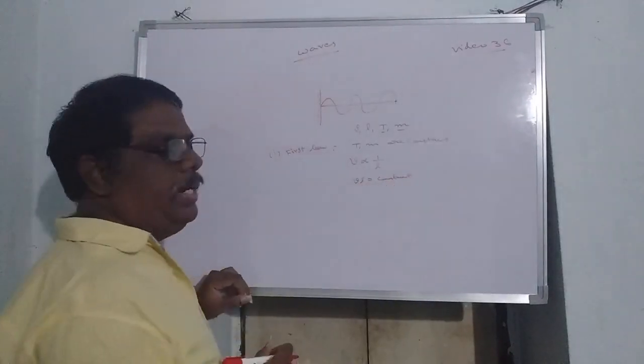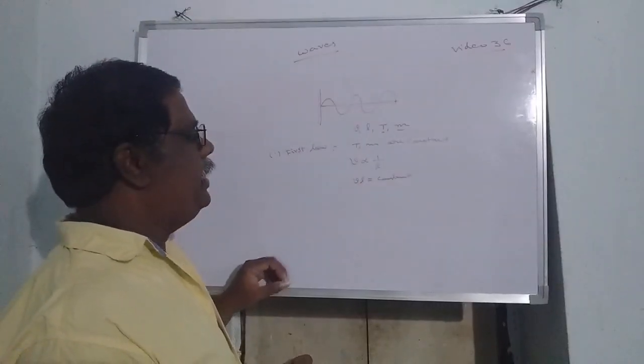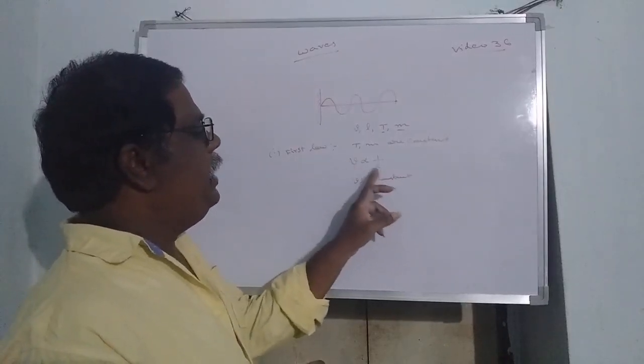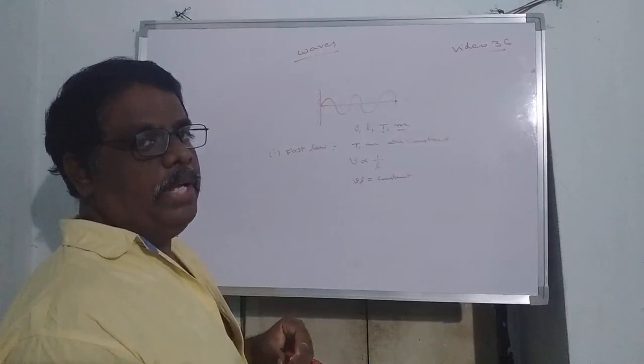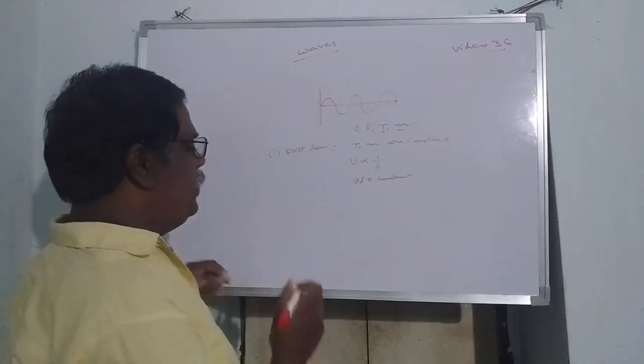When tension and linear density are constant, the relation between frequency and length is that frequency is inversely proportional to the length of the stretched string.